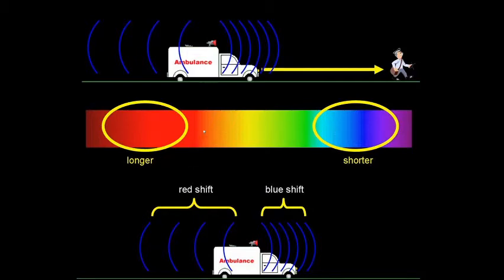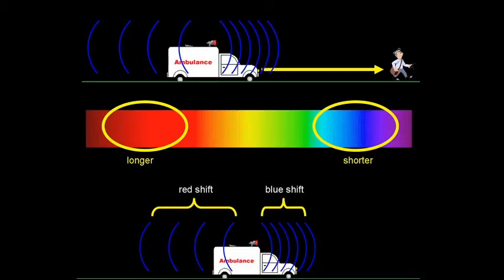A blue shift is when the wavelengths shorten because the object is coming towards you. If something is red shifted, it means the object is moving away from you. That's something we can detect, because the wavelengths themselves change.